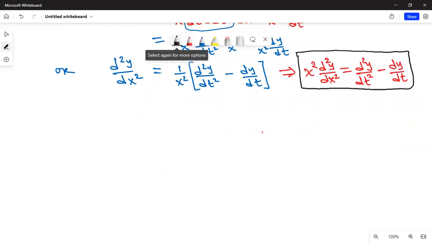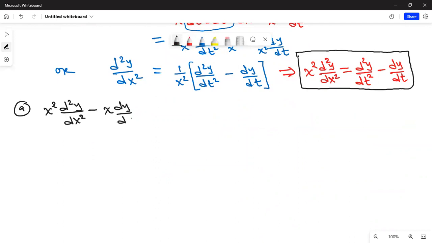So right here, part A, we have x squared d squared y dx squared, then minus x dy dx, minus 3y is equal to log of x over x.